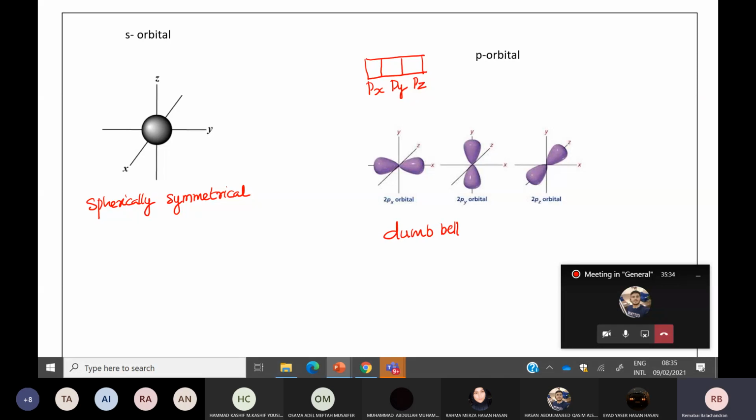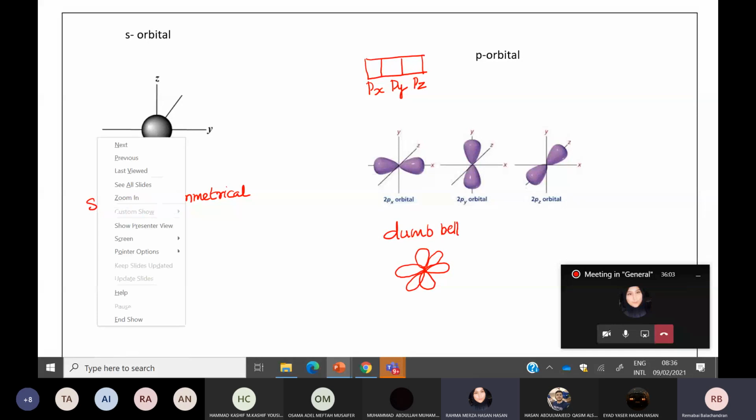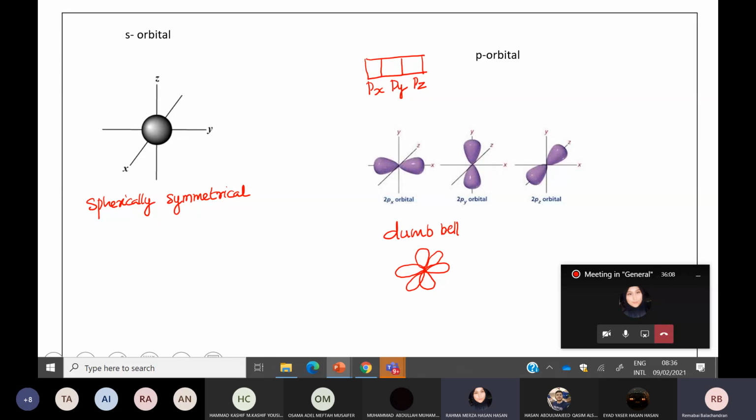But actually all these three are not separately situated; they stay together. If I draw, it doesn't come neatly, but I'll try. One is like this, another like this, third like this. They're intersecting, yes.